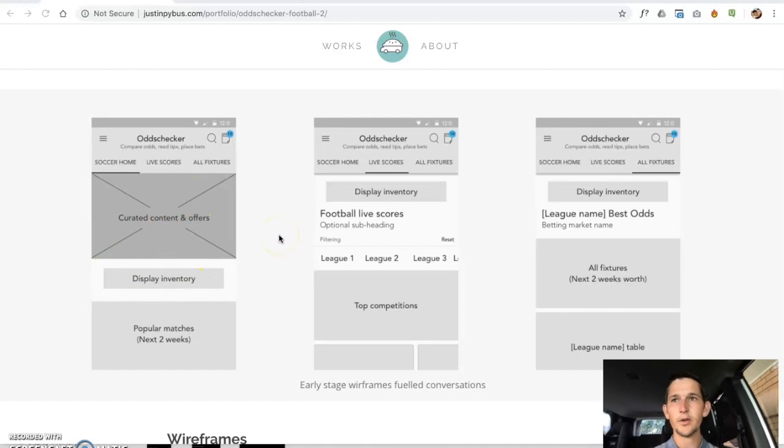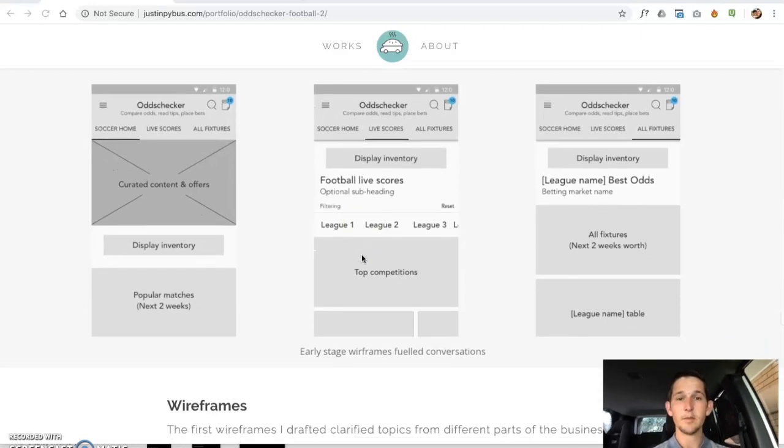Although we had done a whole bunch of competitor research to inform the solution, the experts about the content were really at the business at Oddschecker. They knew the content inside and out. So really validating these initial concepts with people who worked in the business was extremely important.